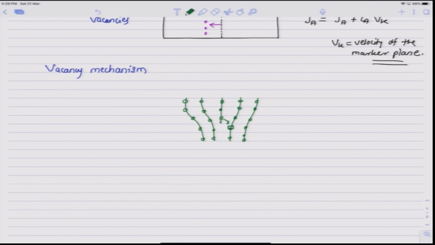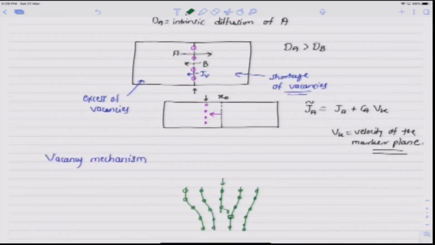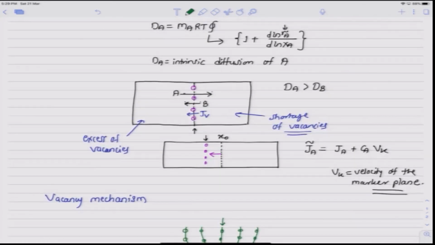This way, if more and more vacancies get annihilated at this dislocation, this entire dislocation line or this entire extra half plane will vanish. So, wherever there is an excess of vacancies, that is in this case on the left side of the alloy, the extra half planes will vanish, and so this side would look like it is shrinking.